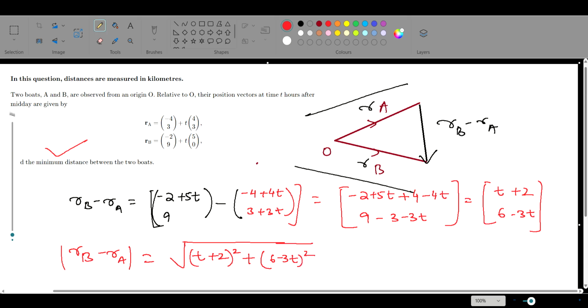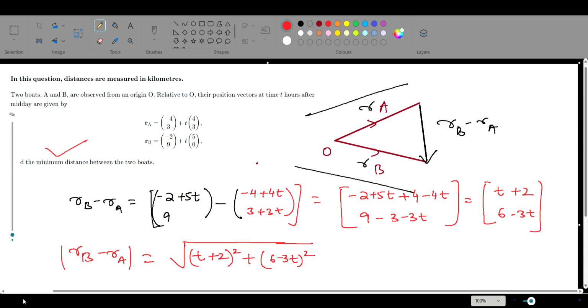To get the minimum distance, you can either go with the calculus method to figure out the gradient and work from there, or you can draw it on your graph.